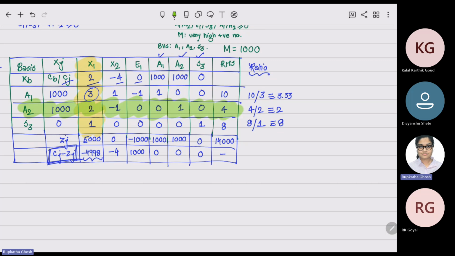Now, can you tell me why do we take only the minimum positive ratio? Possibly, intuition. Possibly because of how much A2 is contributing towards the value of the right hand side, towards fulfilling either the objective function or the constraints. But say, why positive? And why minimum?